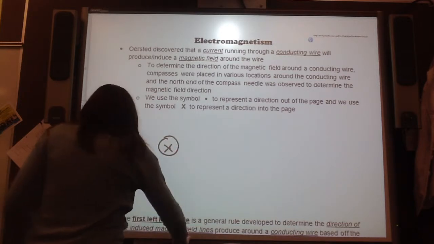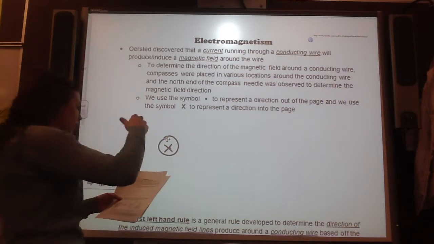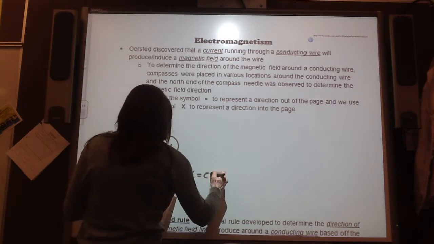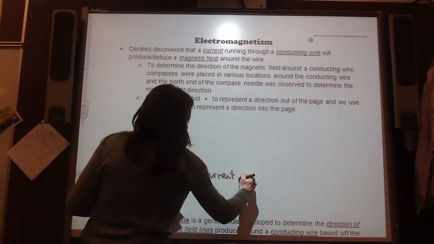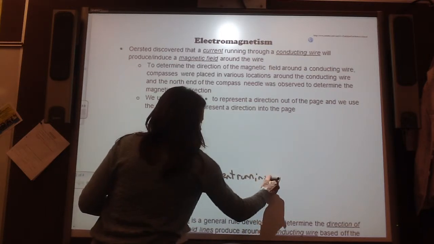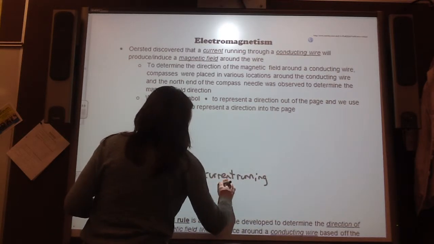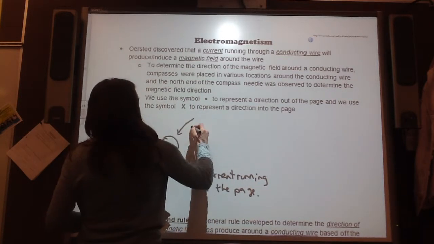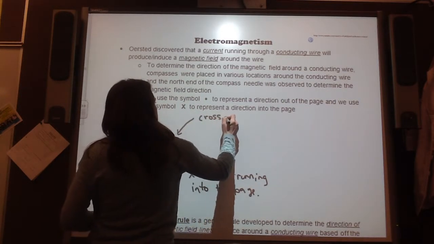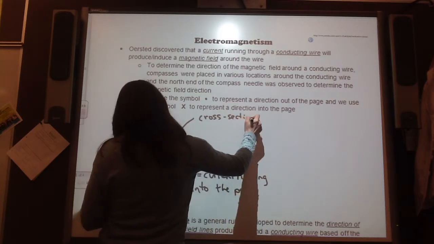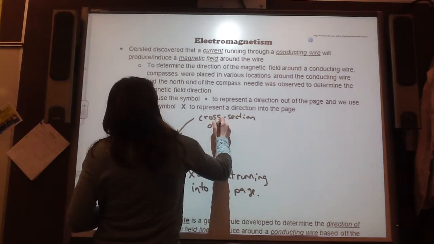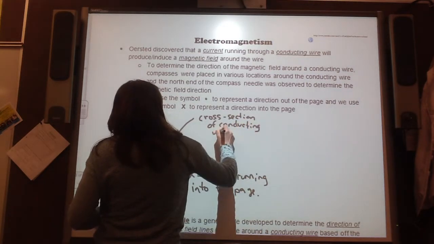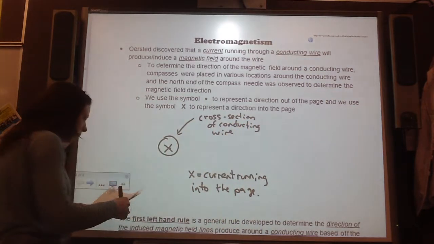So when we have a current like that, let's write this equals current running into the page. And this is representing a cross section of conducting wire. Okay.